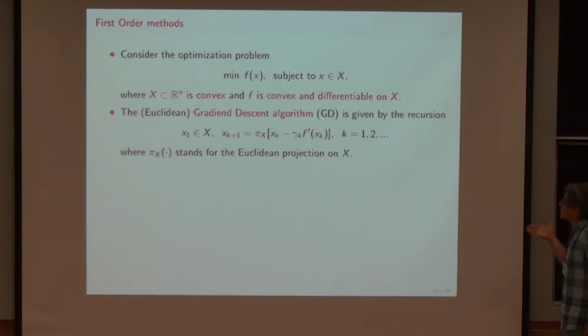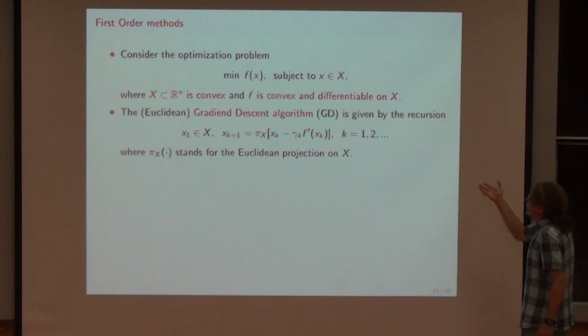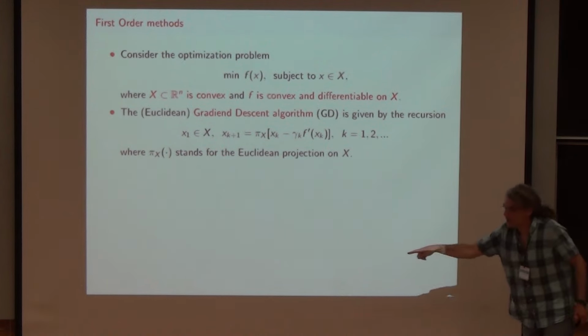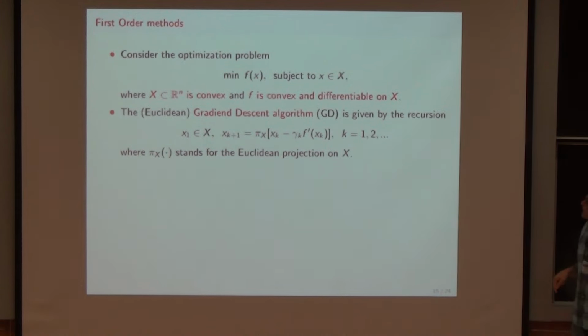If you want to solve the same problem I was talking about yesterday, minimize a convex continuous function on a set, for simplicity we will assume that the function is differentiable, so you can use the gradient descent algorithm. You just make a small step in the direction of the anti-gradient, and then you project your step on the convex set.